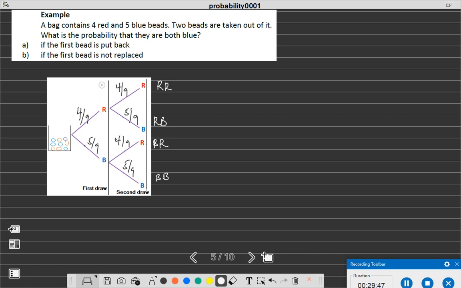Now you are asked to find the probability when they are both blue. It is here. And if we just take one path according to the rule, we shall be getting 5 out of 9 times 5 out of 9, which is 25 out of 81.